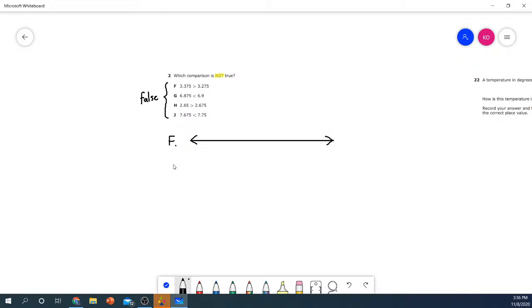To begin with, for answer choice F, we see 3.375 and we see the number 3.275. Remember from our previous live stream, this symbol means greater than. If we have a number like 6 and a number 2, then we're saying 6 is greater than 2.